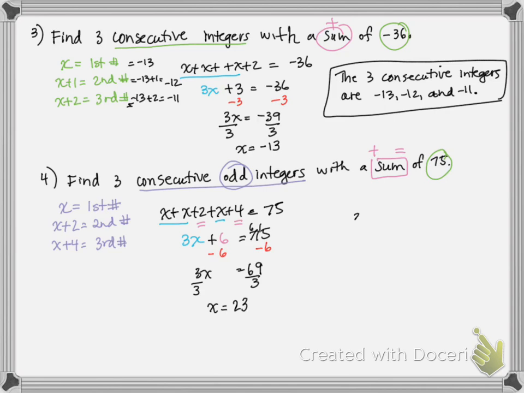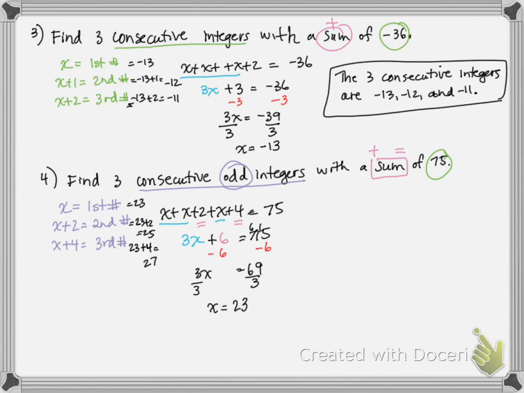So the first number is 23. So over here, when I added 2, I get 25. And then when I add 4 to 23, I get 27. So my numbers are 23, 25, and 27. They're all odds.